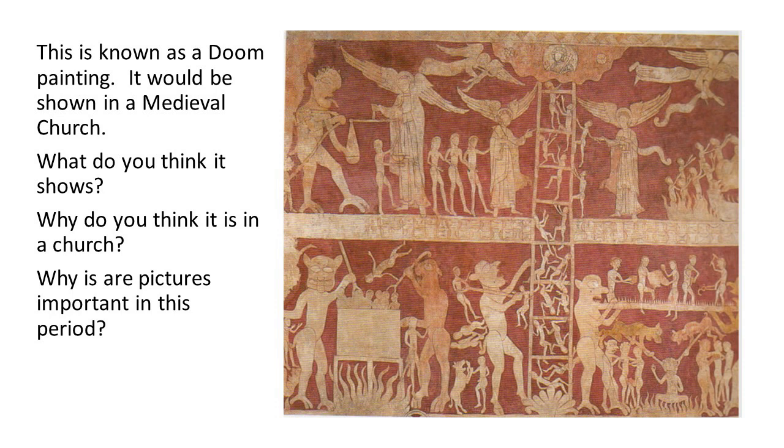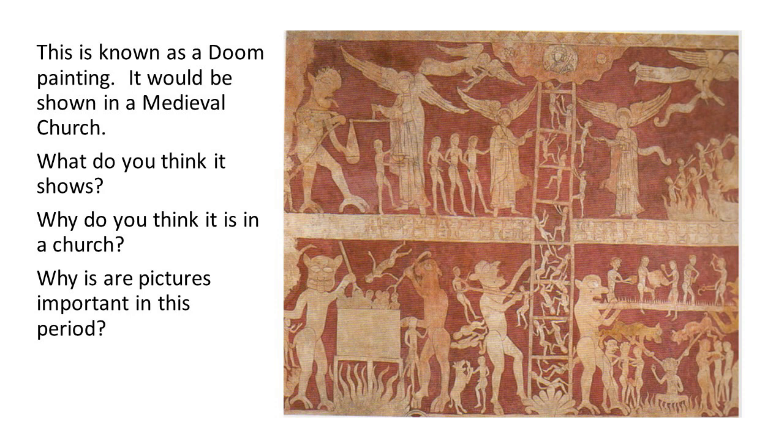So, hopefully you've spent a bit of time looking at this. So what do you think it's showing? Well, at the top of the picture we can see figures with wings, and we can see steps rising upwards. So perhaps they look like angels, and perhaps there are people going up these steps or up this ladder to somewhere different with clouds and angels waiting for them.